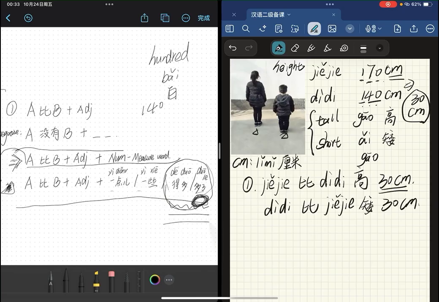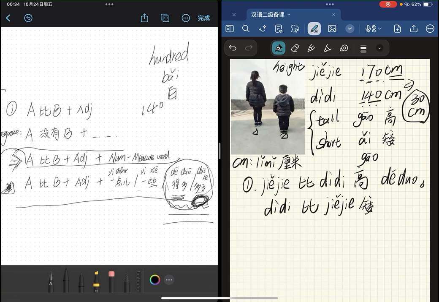We know these two words express a big difference, so we can just choose one. This time I choose 多 to express the degree. So the sentence is 姐姐比弟弟高得多.